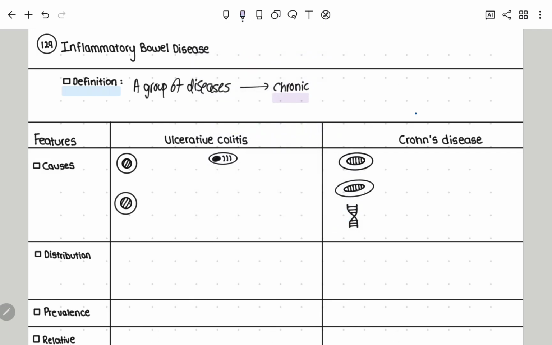It is a chronic inflammatory process, recurring, meaning that you have phases of relapse and remission respectively. So, a group of diseases that are characterized by chronic recurring inflammation of the bowel wall.